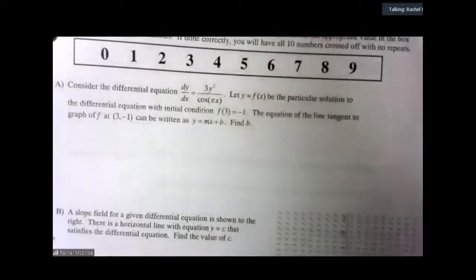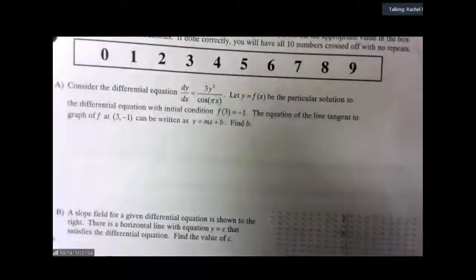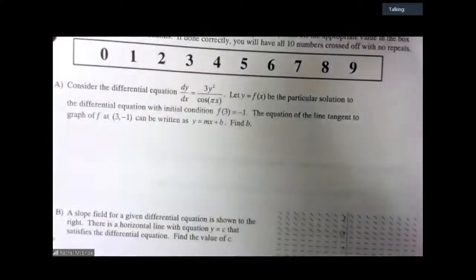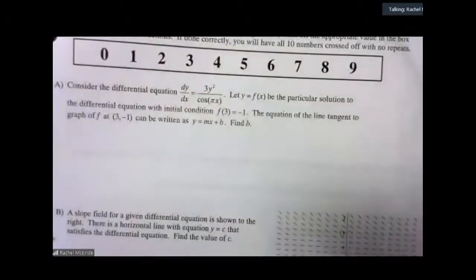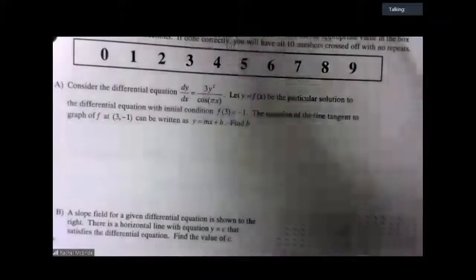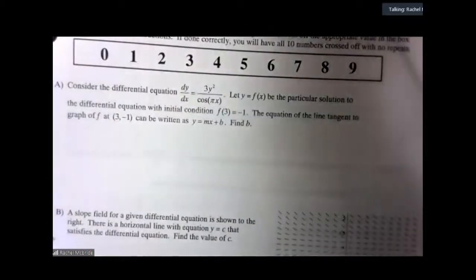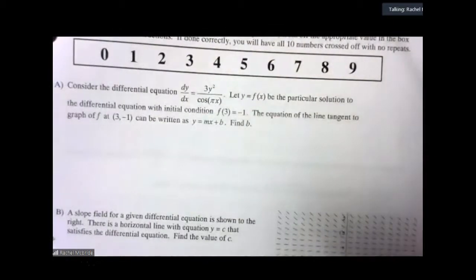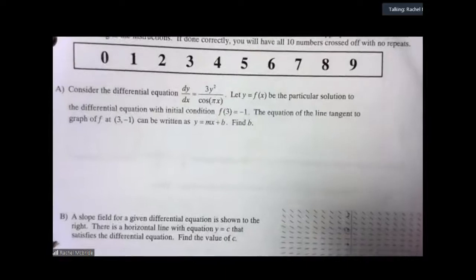We're going to go to the Chapter 6 review. And I'll tell you that page number here in a minute. And you are going to look at 28 to 42 even.